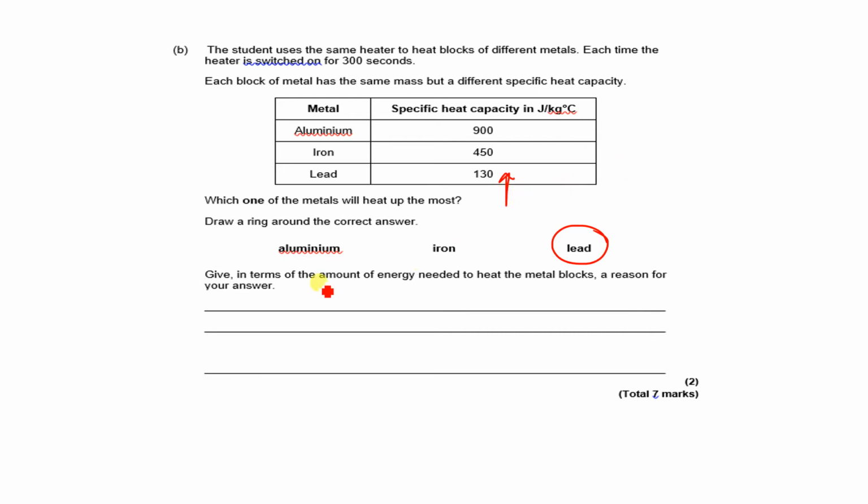Now remember, the specific heat capacity is the energy required to lift 1 kilogram of material by 1 degree C. So you would need less energy to raise the temperature of lead by 1 degree C if you had 1 kilogram of that material. So in terms of the amount of energy needed to heat the metal block, a reason for your answer has to be in terms of that definition. So lead has the lowest specific heat capacity, so it will require less energy to raise the temperature by 1 degree C. So let's write that down.